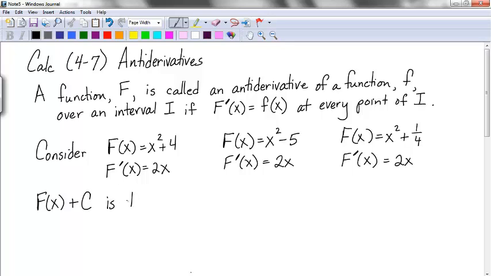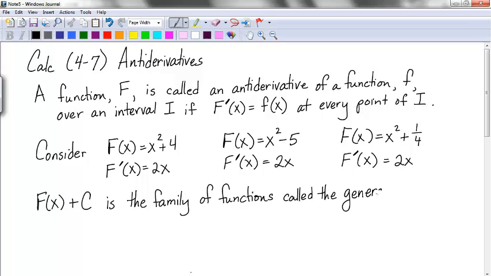is the family of functions. Uppercase f of x plus c is the family of functions called the general antiderivatives.